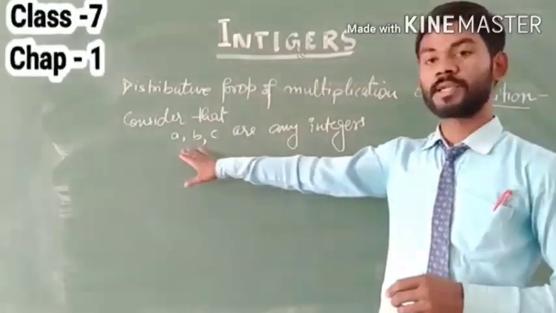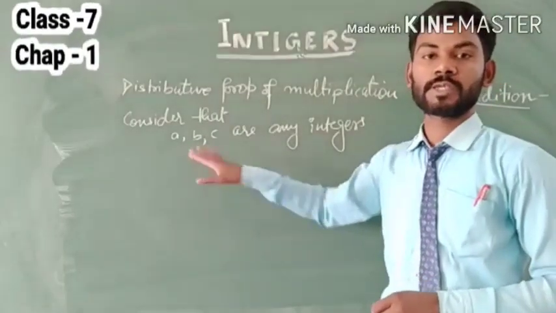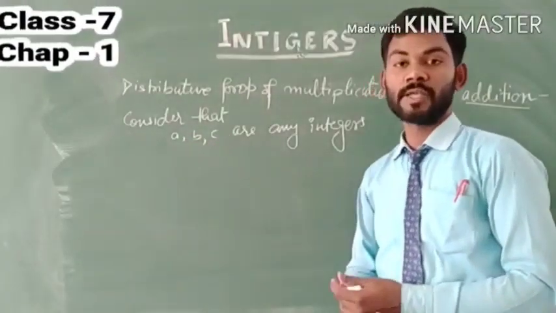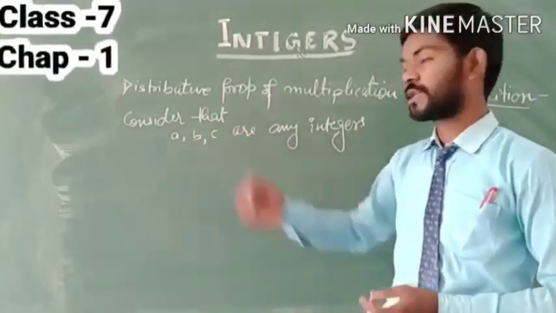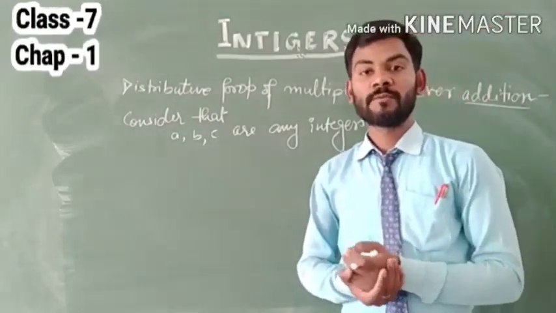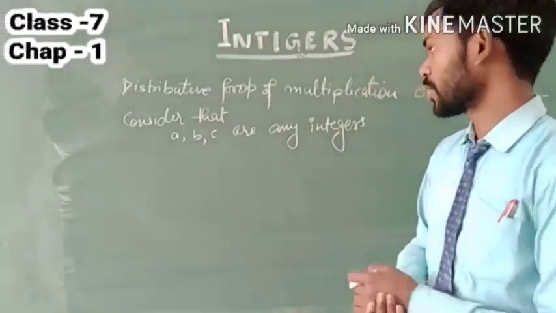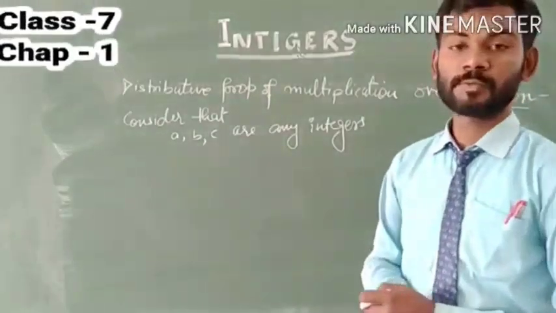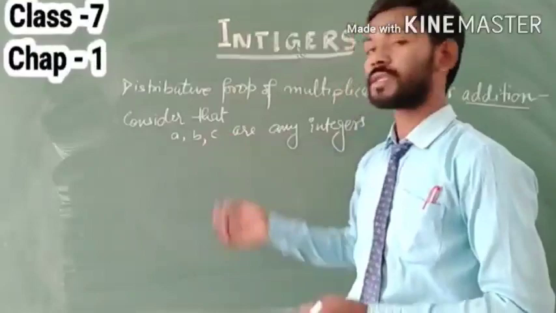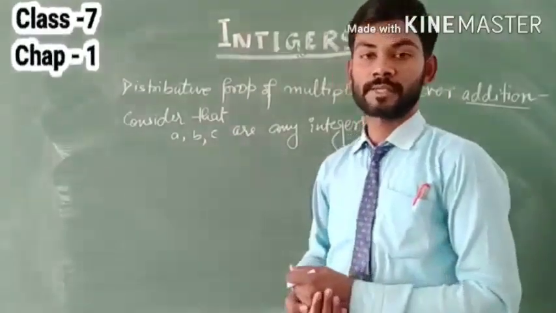We can take any value in place of A, B, C. Here A, B, C is the general value. You can take any type of integer in place of A, B, C. First of all, I would like to show you the arrangement of the distributive property. That's why I have taken A, B, C as general integers.